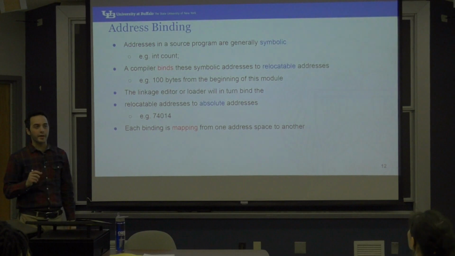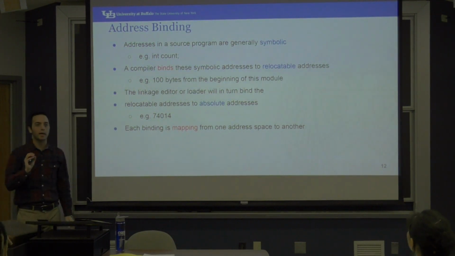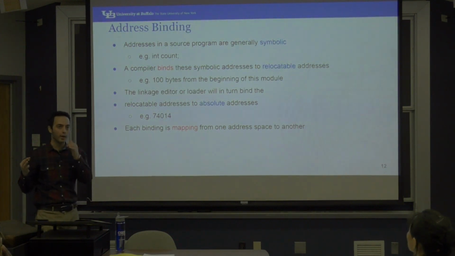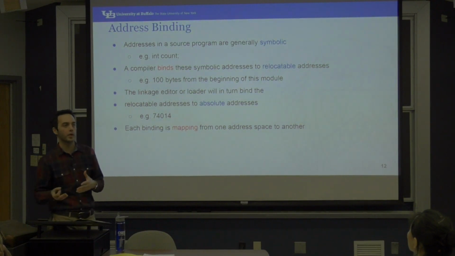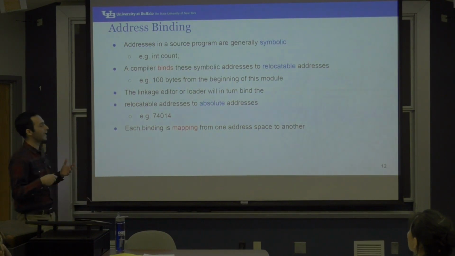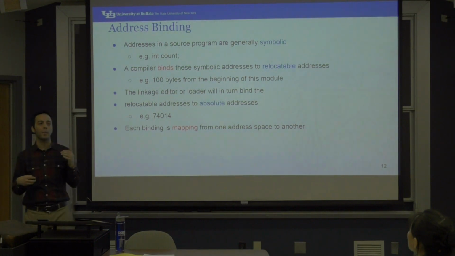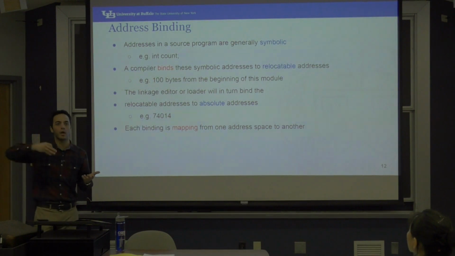So, address binding. When you write a program, you never use any addresses unless you actually are programming in assembly language for something like a bootloader. You never deal with exact addresses. You have symbolic addresses. And then the compiler binds them into relocatable addresses. Again, because the compiler does not know at runtime where it is going to be in your memory, right?